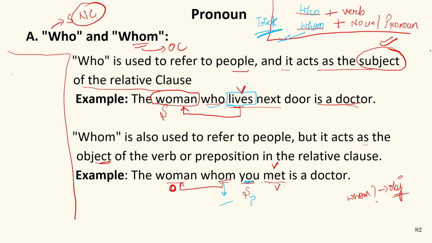Now if we see the sentence, Rohit is the boy who everyone thought had stolen the car. Now we have already learnt about subject and object.